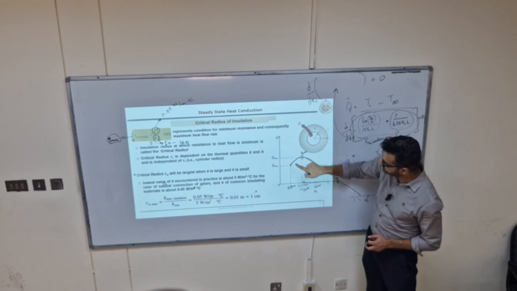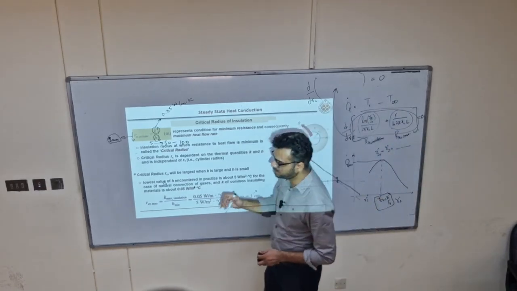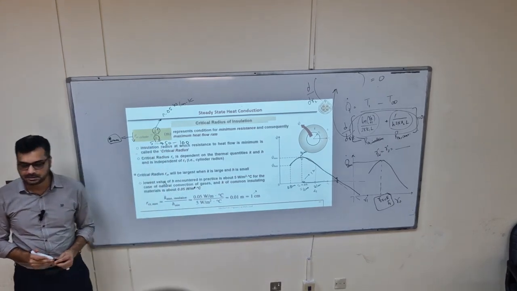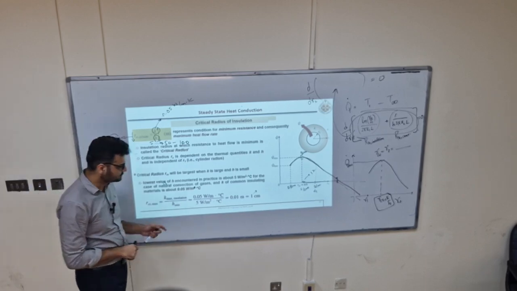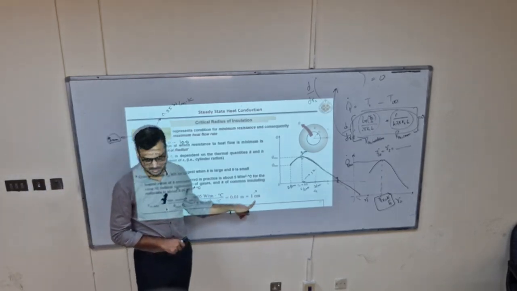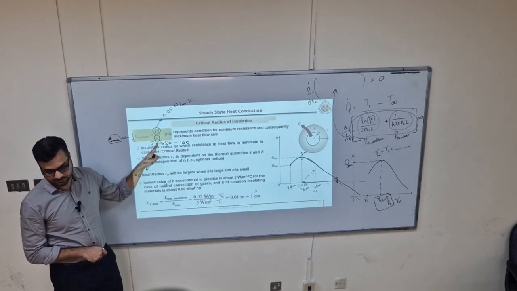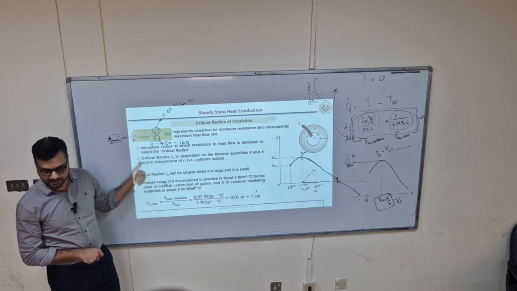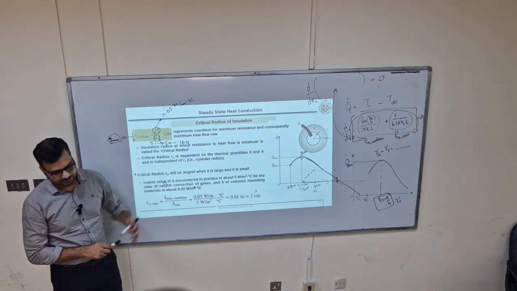You want to avoid this part. But in practice, the pipes which we use in steam power plants or other applications are much larger than this radius. Also, if there is forced convection, this will reduce the critical radius of insulation. So you do not need to worry about this.